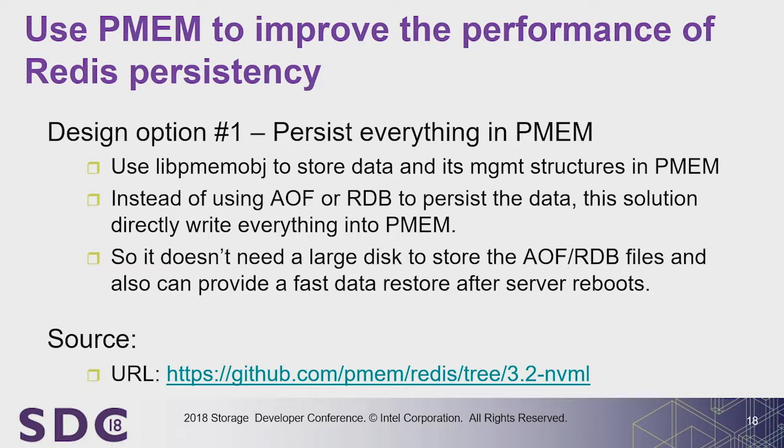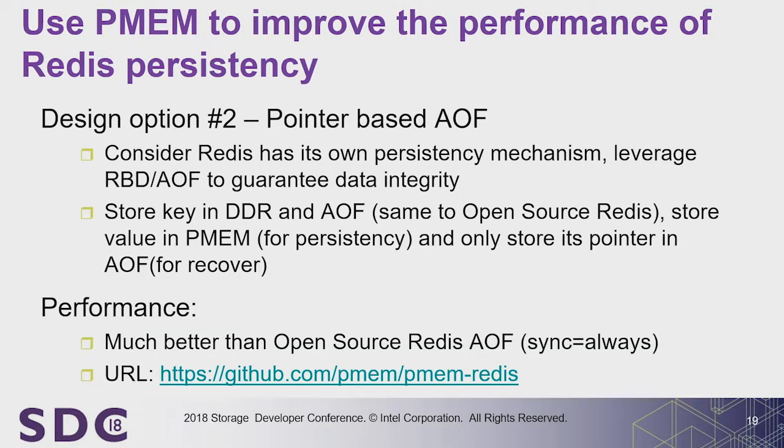It doesn't need to store an AOF file or RDB file anymore, so it can save a large amount of disk space. And it can provide a fast data store after the server reboots, because the data is already there. It doesn't need to be restored from the file on disk, right? This is what is already on GitHub on the PMEM-IO website.